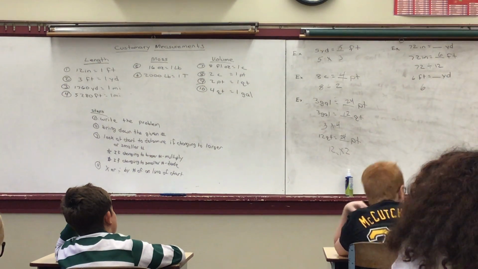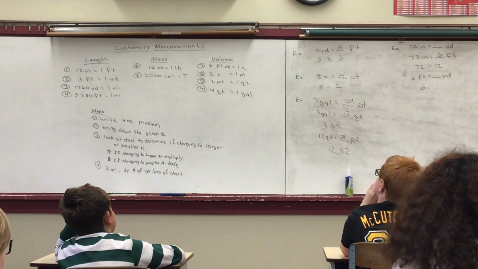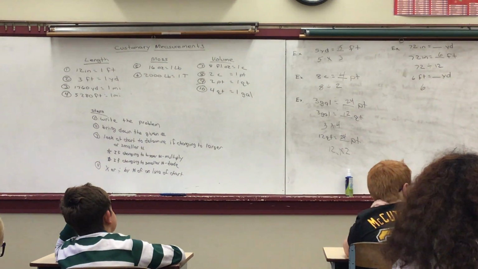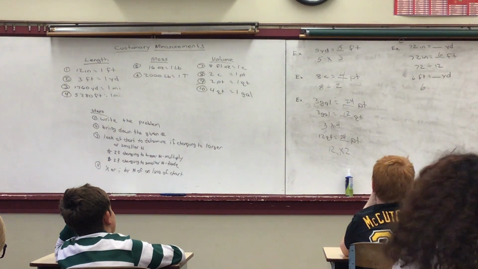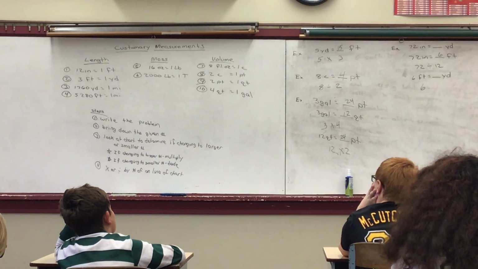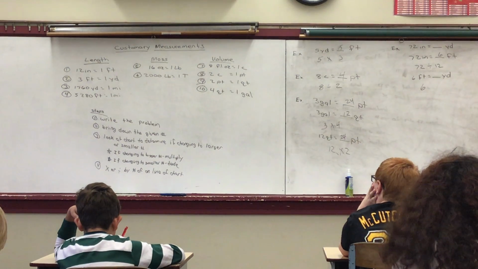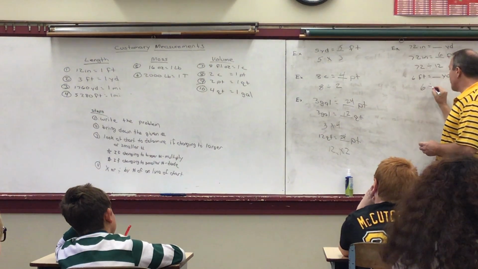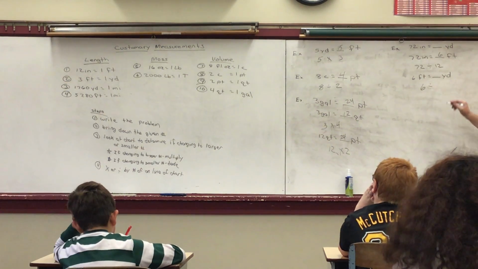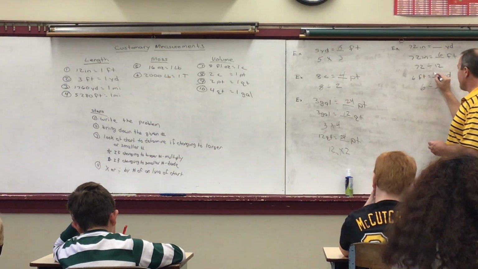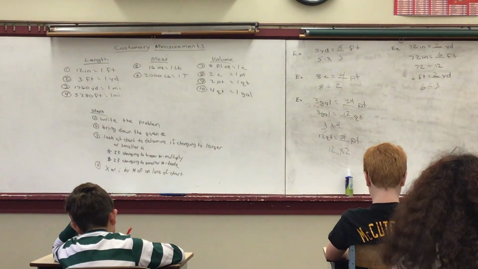What line am I going to use? Okay, I want to find what? What am I trying to find? Okay, so now, yards is what? So I'm going to divide. Divide by what? And 6 divided by 3 is? And so, 72 inches is 2 yards.